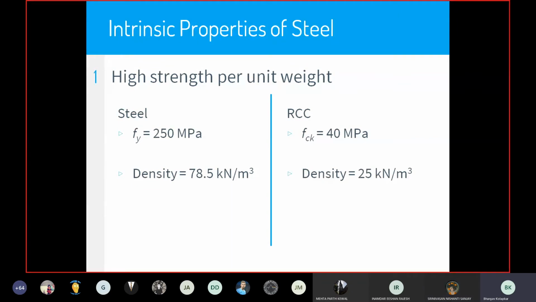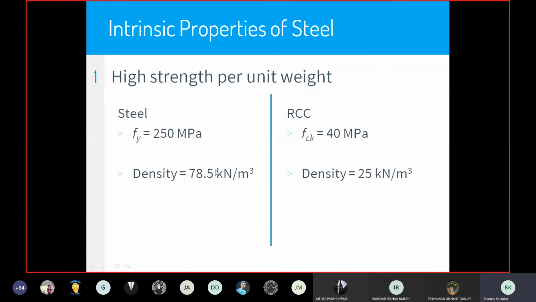In the next course, we will see what these 40, 50, 60 values are. Right now, just assume that the 40 number in M40 concrete is equivalent to 250 in steel, or the Fy value in steel. Did you understand this? So this 40 number is equivalent to Fy in steel.